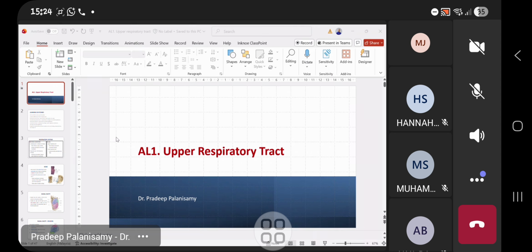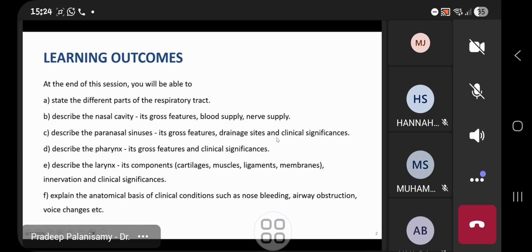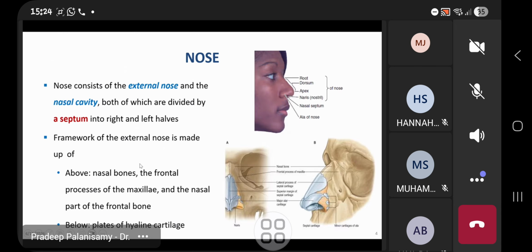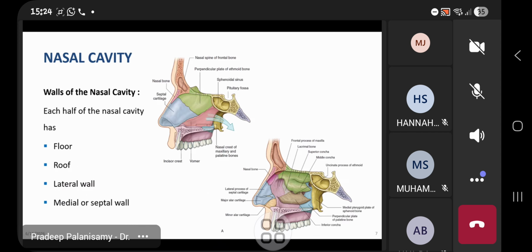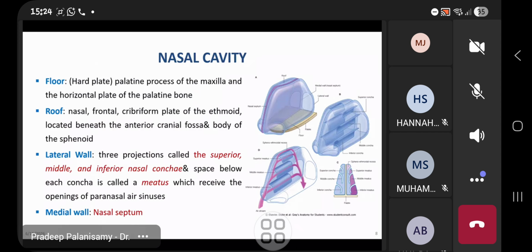Generally I've replaced these with the full screen, bigger ones. It's all right. In this case, larynx, please focus on these things. Nose, nasal cavity, don't worry too much, don't stress too much.